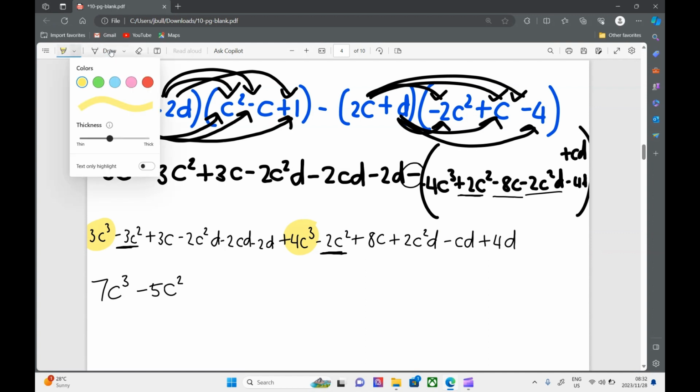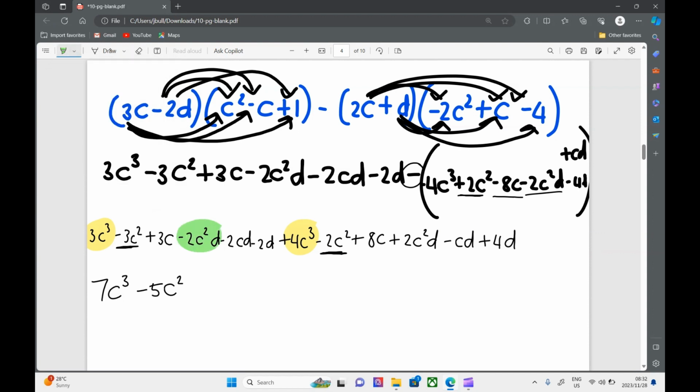Next up, we can do the c squared d terms. Okay, that gives us minus 2c squared d plus 2c squared d, so those are going to cancel. Next up, let's just do the c terms.